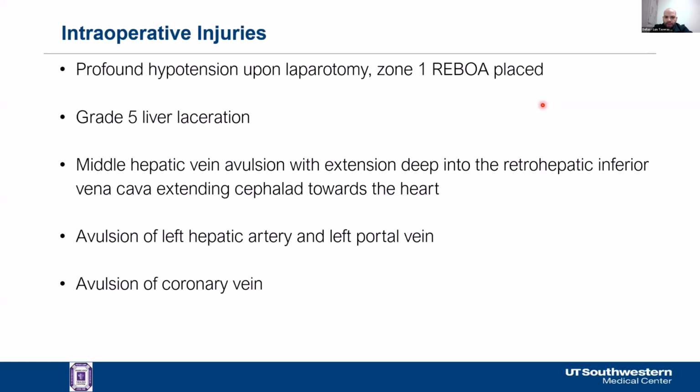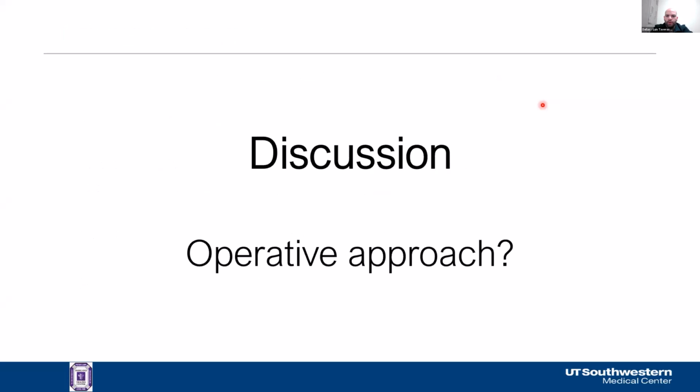This avulsion extends into the retrohepatic IVC, extending cephalad towards the heart and the right atrium. The left hepatic artery is completely avulsed as well as the left portal vein, and there's avulsion of the coronary vein. So with these operative findings, what's the operative approach that's suggested for this case?